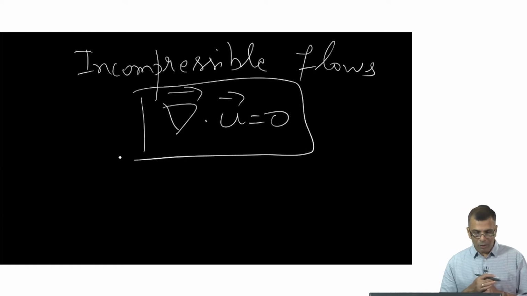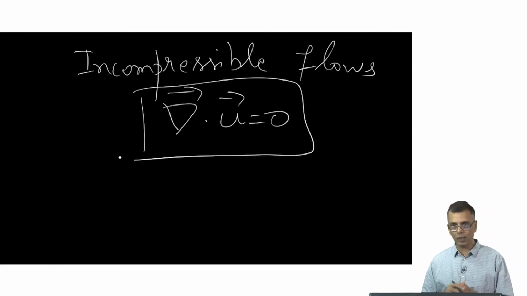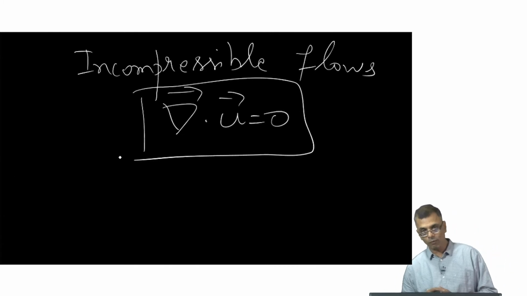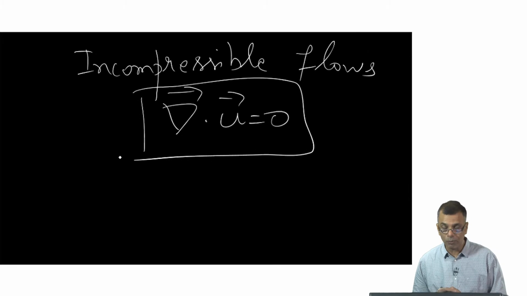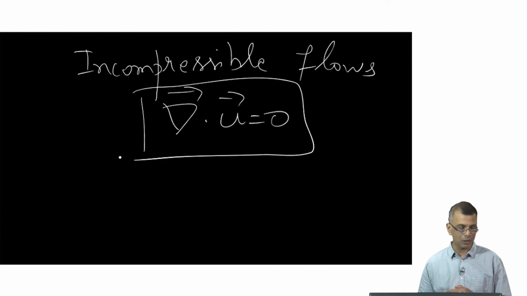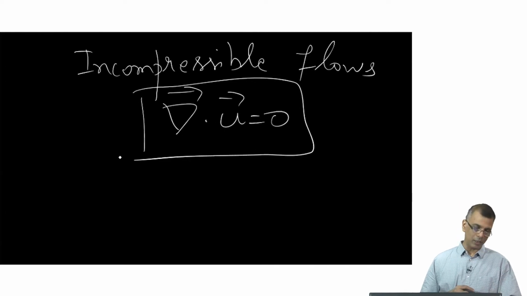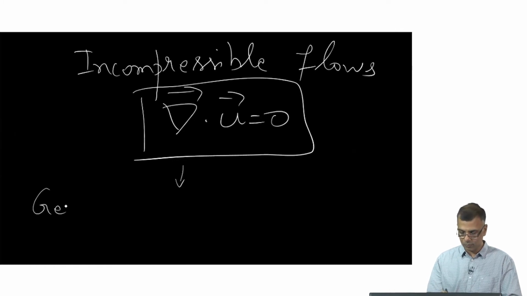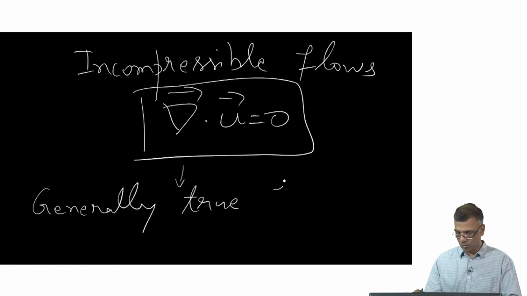So now you see, this is an advantage of looking at it, so it's intuitively easy to understand the condition for incompressibility when one looks at the Lagrangian way of writing down the mass conservation equation, right? So then why bother with the Eulerian way? Well, there's an advantage, and we also remarked that this is generally true for very subsonic flows.